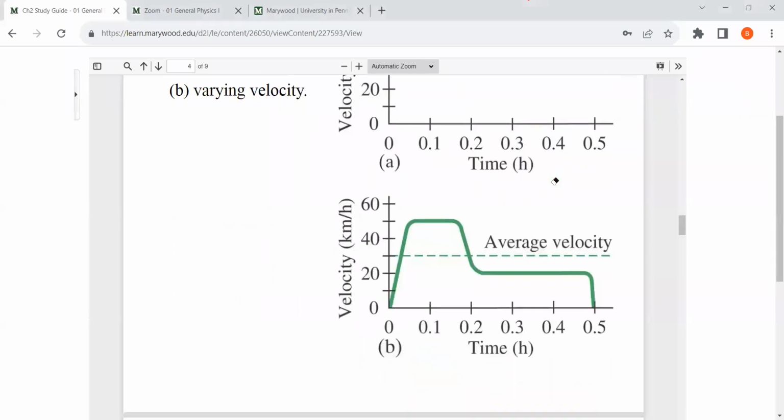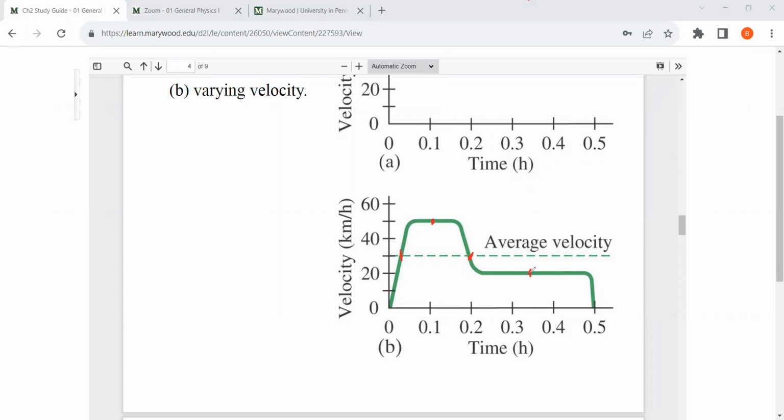But for the next graph you see that it is not that straight. It goes up and then straight, then goes down and then straight, and then goes down. In this case the instantaneous speeds are different at different instants. For example, here the instantaneous velocity is 30, here it is 50, here again 30, here it is 20, and so on.